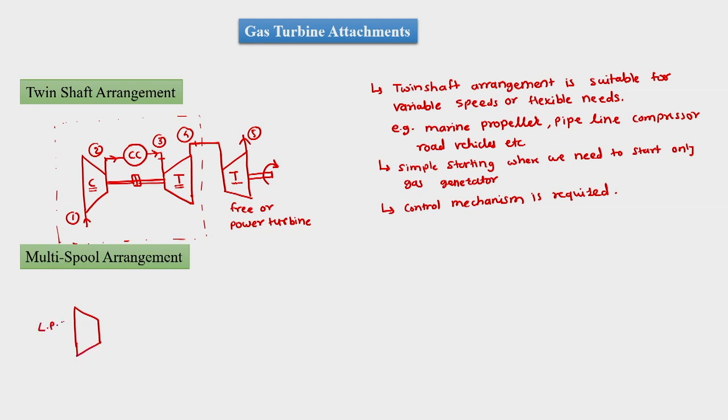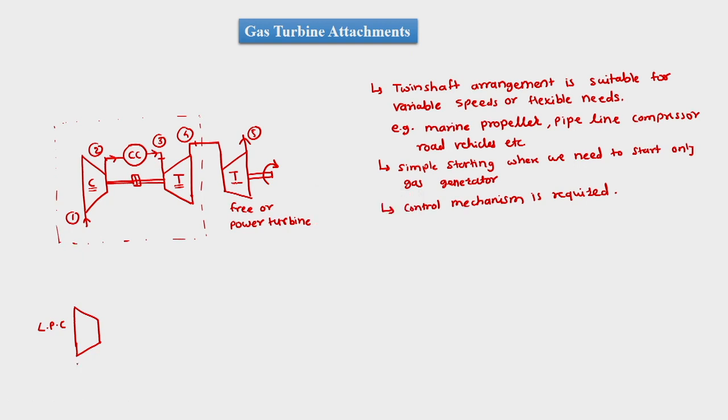So, this is the low pressure compressor first, and then from the low pressure compressor we will go to the high pressure compressor, and we have these two fixed on two different shafts. Air will then go to the combustion chamber, and then it will go to the turbine.